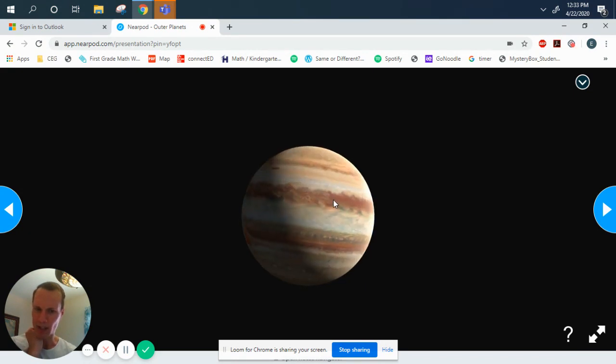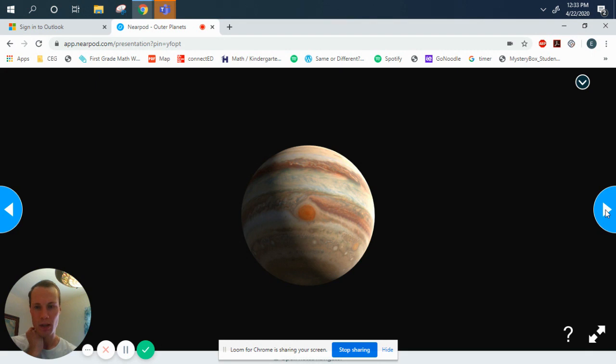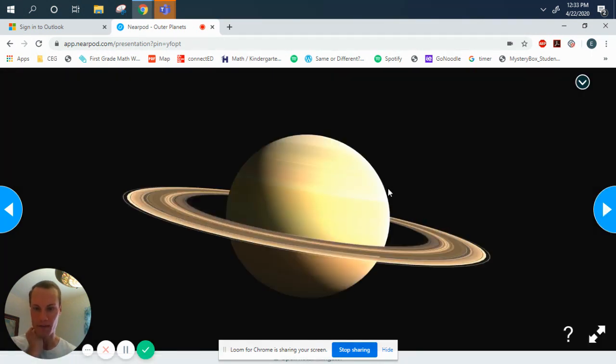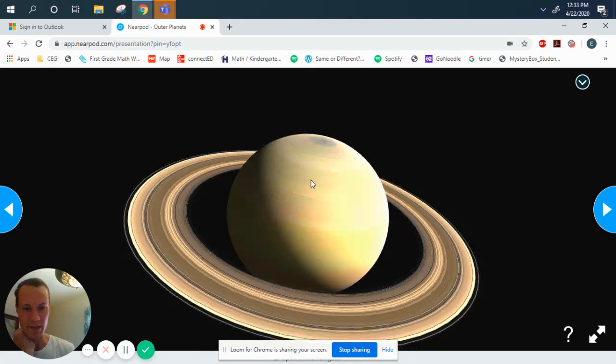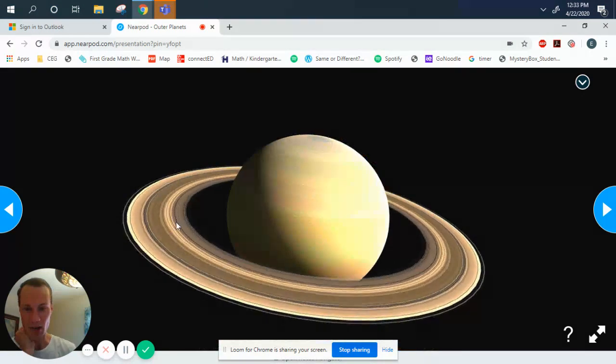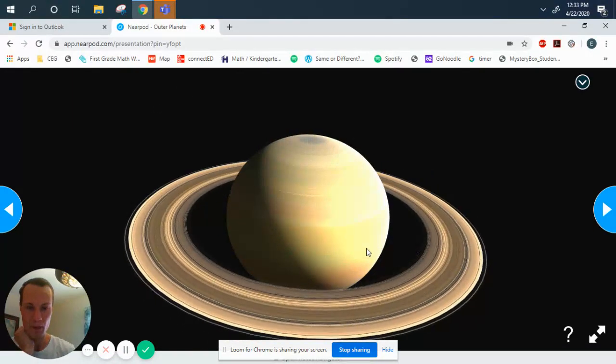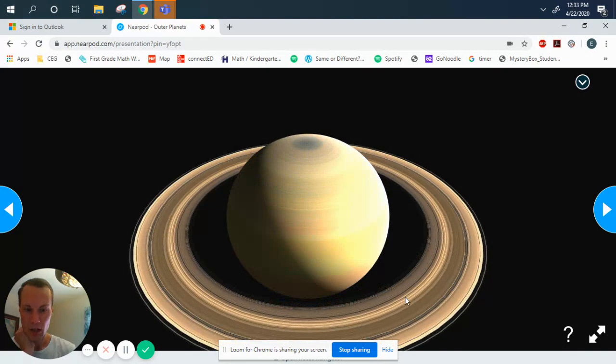Or maybe it looks like clouds almost, like clouds over the Earth, which is a gas. Huh. After Jupiter, we have Saturn. You can tell Saturn because of its famous rings. These rings are just dust and tiny rocks that got trapped in this planet's gravitational pull.